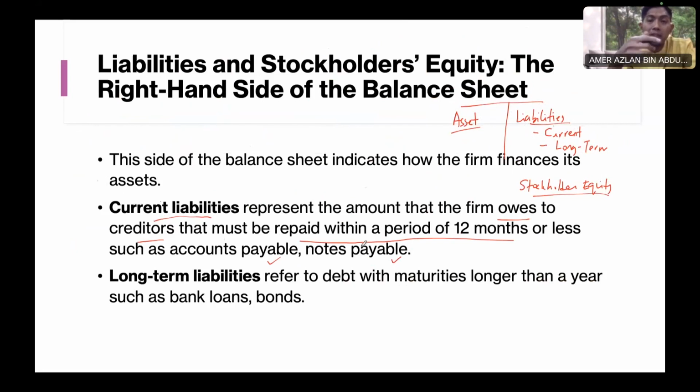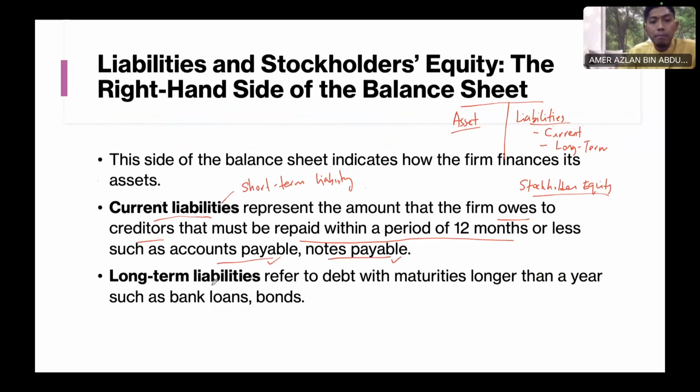You are my creditor, and this 10,000 ringgit needs to be paid within 1 month. That is an example of current liability. We call it short term. Current liability is a short term liability. Hutang jangka masa pendek. Siapa yang berhutang di sini? Syarikat yang berhutang. The company borrows money from its creditors. They owe the creditors. Examples of current liabilities: accounts payable, notes payable, and so on.